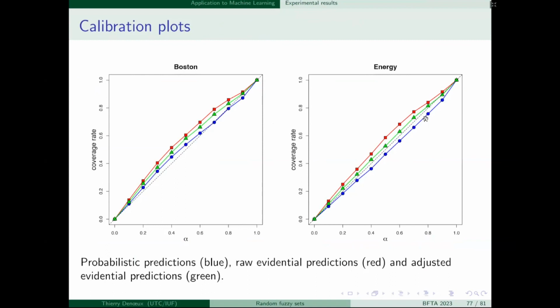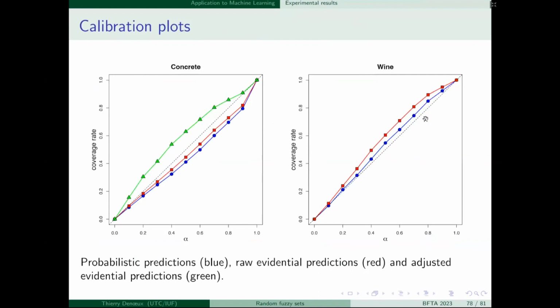Here the probabilistic intervals are not calibrated. You see, they are overconfident. The model gives you more conservative results, and calibrated, but maybe a little bit too conservative, so we make them a little more precise, and we get the yellow.